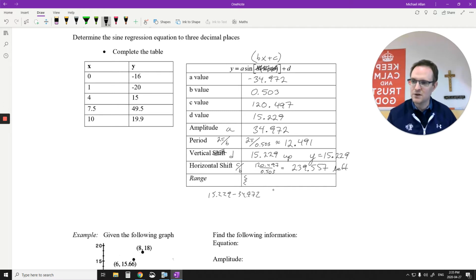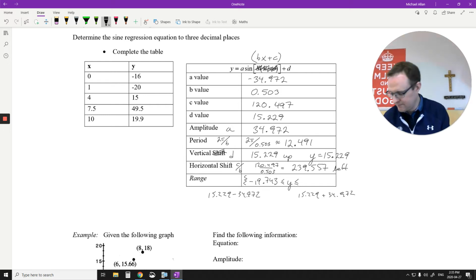I'm going to write that number first, so that's going to be negative 19.743, sorry. And my max is going to be the same thing but with a plus sign, so it's going to be 15.229 plus 34.972.